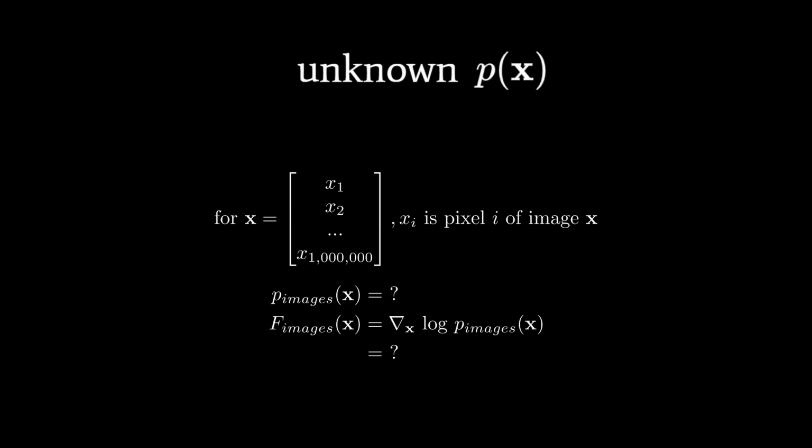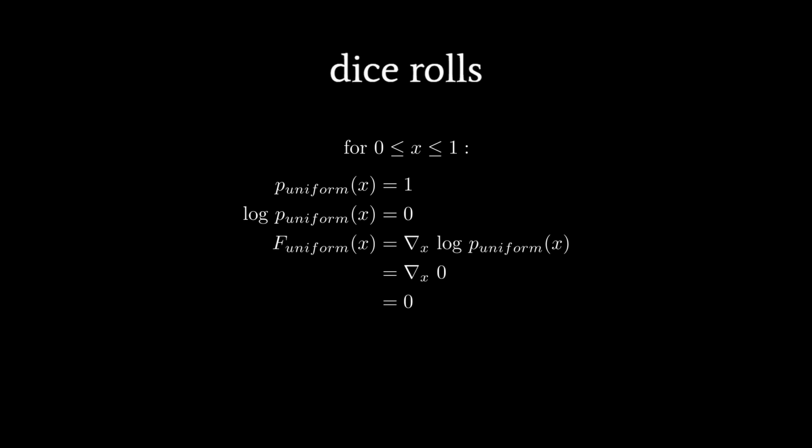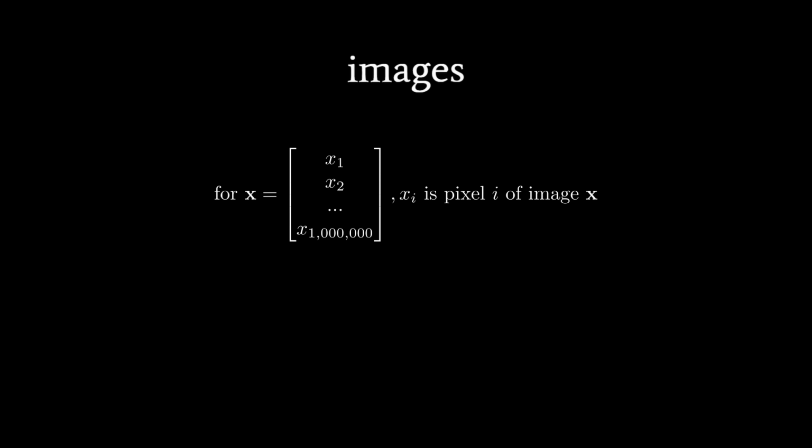For our dice roll exercise, we knew the exact analytical form of the PDF of the uniform distribution, so we could directly take the log, then the derivative, which simply evaluates to 0 everywhere, barring the boundary cases that we talked about. But for images, what is this PDF?